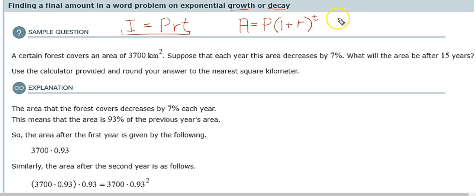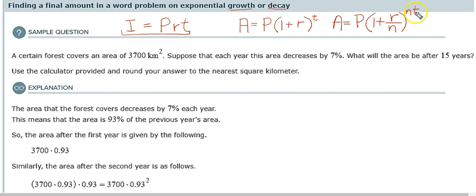And then the other formula I mentioned was future amount is equal to P, and then in parentheses we had the 1 plus the rate over the period of time it's compounded in 1 year, times the number of times we compound it times the number of years. So this is an exponent.